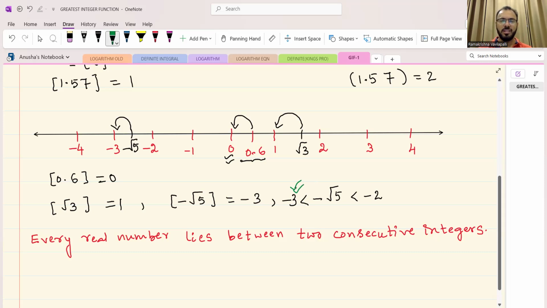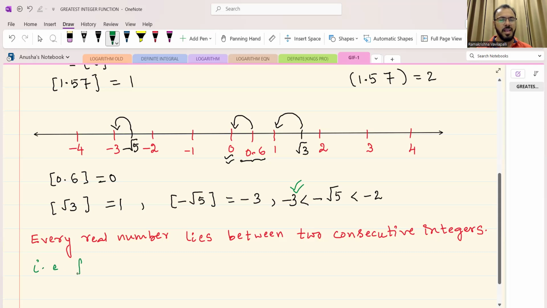So the greatest integral part of x can now be fully defined. Every real number lies between two consecutive integers. For the integral part of x, we always choose the left integer.